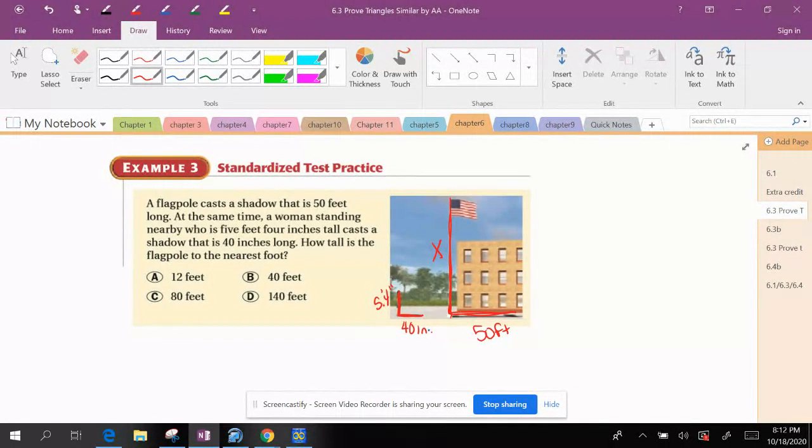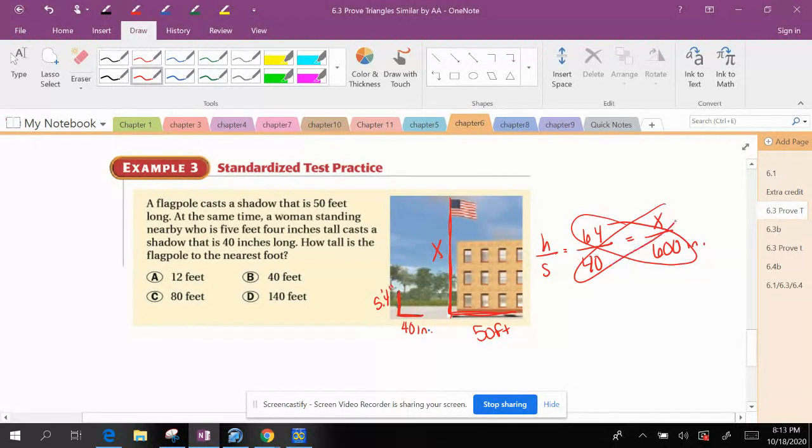So because we're talking about feet and inches here, I'm just going to convert everything into inches. So I'm going to have the height over the shadow. The height of the woman, 5 feet 4 inches, is 64 inches, over 40 inches, her shadow, is equal to the height of the flagpole over the shadow of the flagpole, which is 600 inches. And then I'm going to cross multiply.